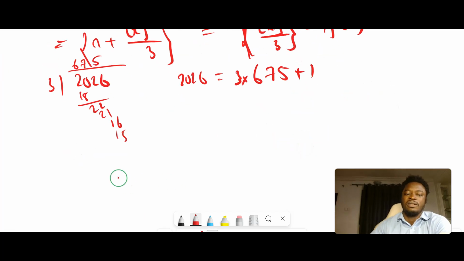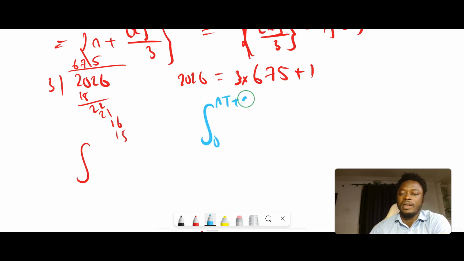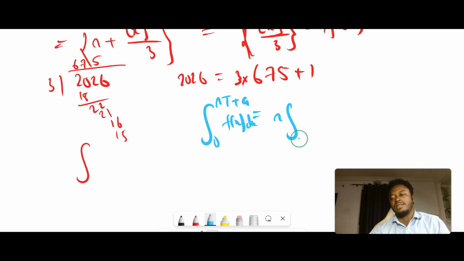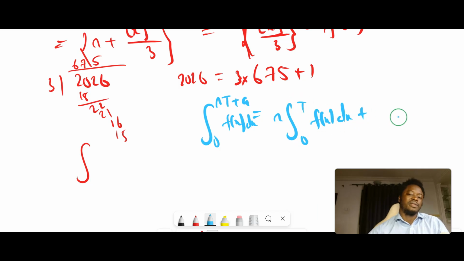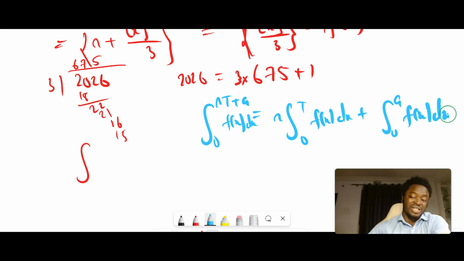So basically the integral from, and we recall, if you check the description here, we proved earlier that the integral from 0 to nt plus a of f of x dx is n times the integral from 0 to t of f of x dx plus the integral from 0 to a of f of x dx, where f of x is any periodic function.